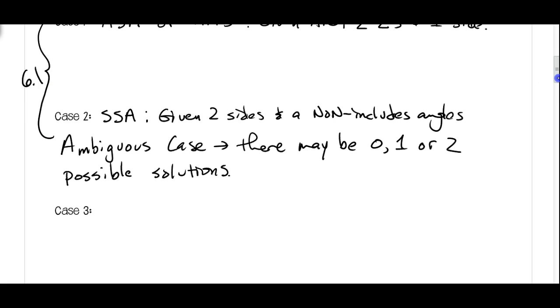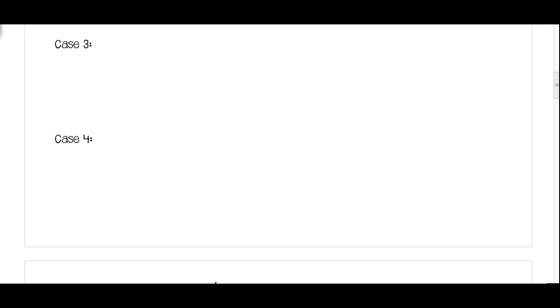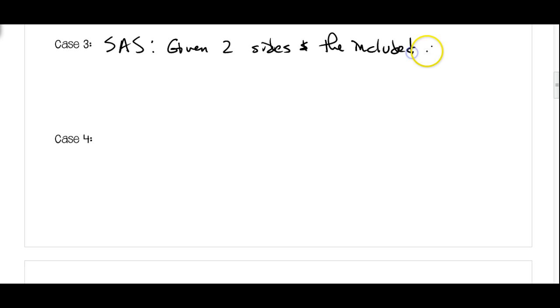Now the other 2 cases will need a different method than cases 1 and 2. So for case 3, we've got side, angle, side. So given 2 sides and the included angle, and we'll have a method for solving that.